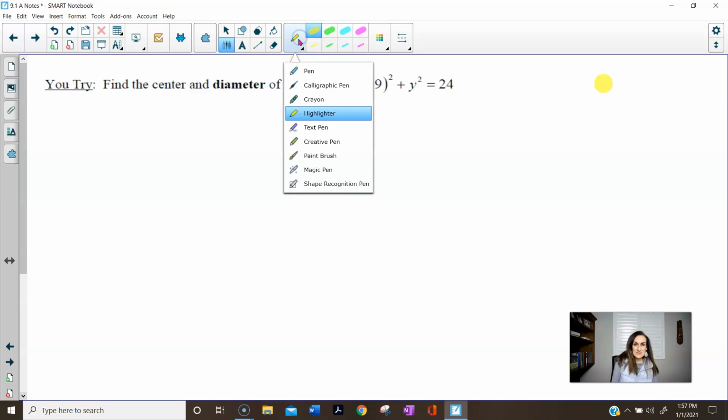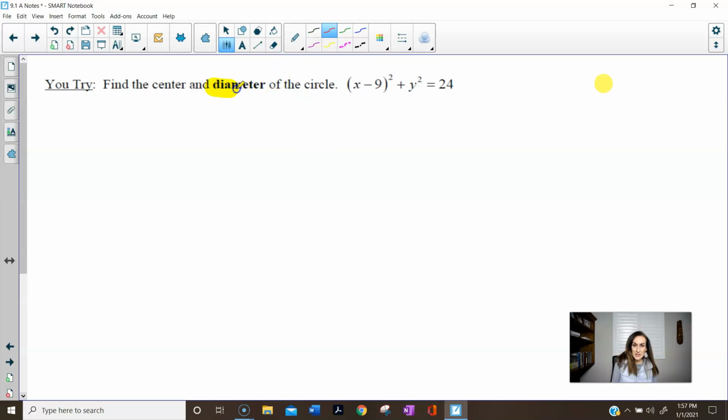So I'm supposed to find the diameter, which goes through the center of the circle from edge to edge of the circle, and the center of the circle. So I'm supposed to find those two things. So to find the center, this is going to be (x subtract h) squared plus (y subtract k) squared equals r squared.